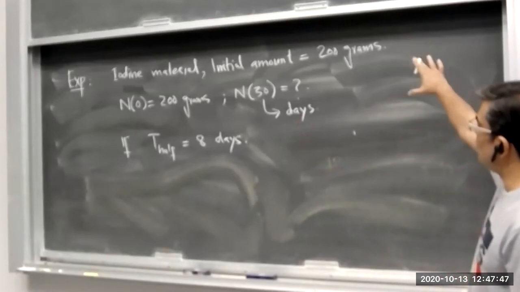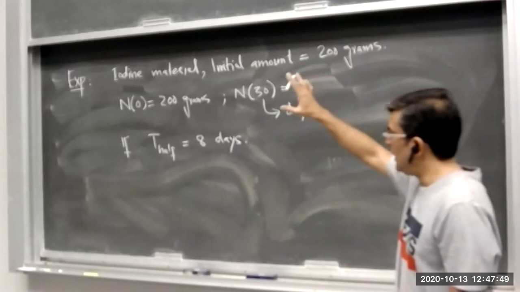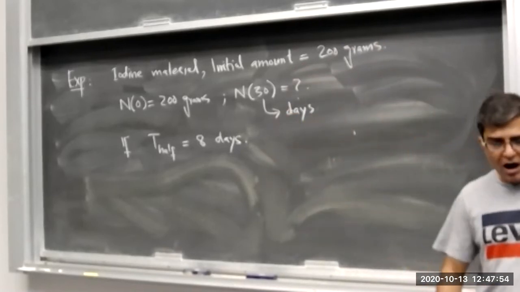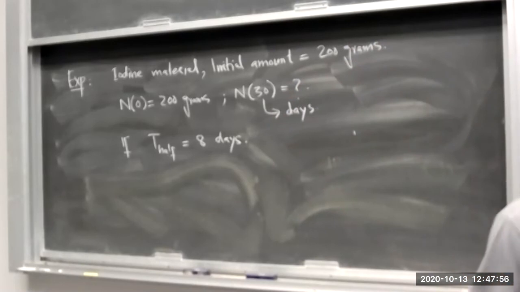The initial amount is 200 grams, half-life is 8 days, and we have to compute the amount after 30 days.